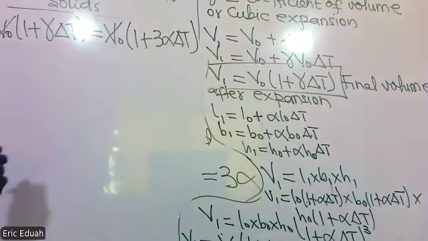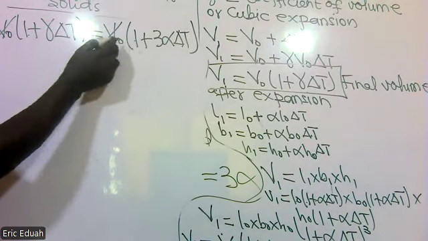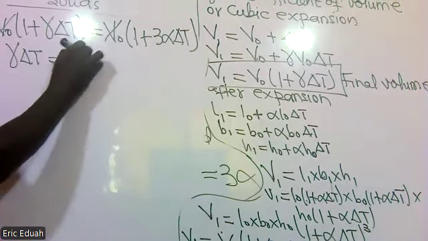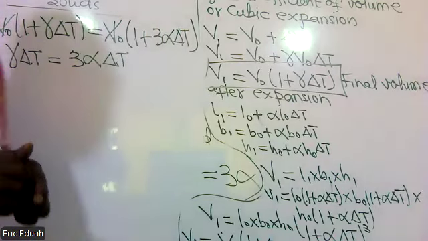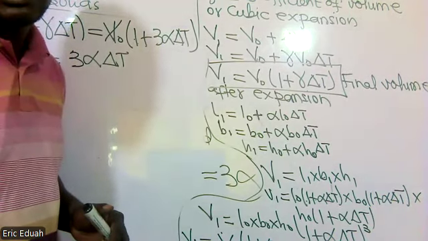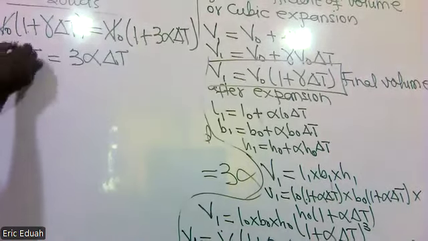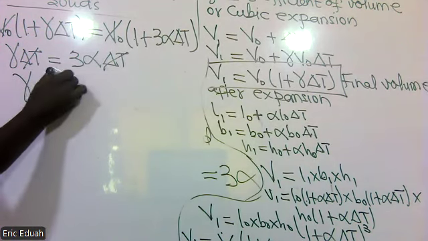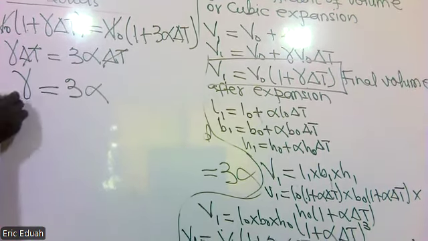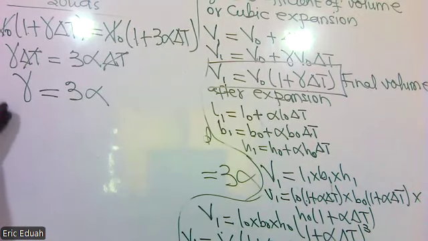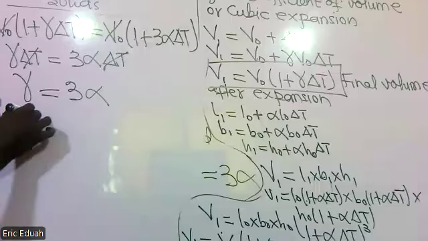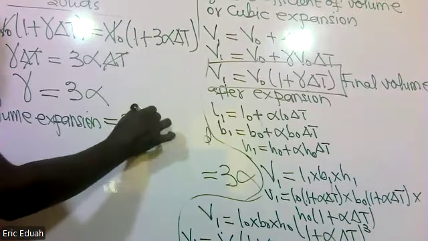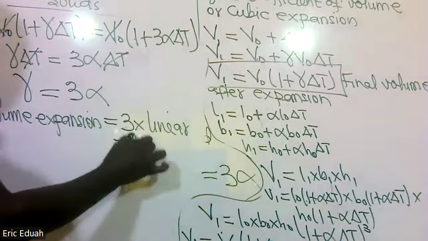So V naught cancels out, and you have gamma delta T equal to 3 alpha delta T. So the change in temperature cancels, and you have gamma equal to 3 times alpha, meaning cubic or volume expansion is equal to 3 times linear expansion.